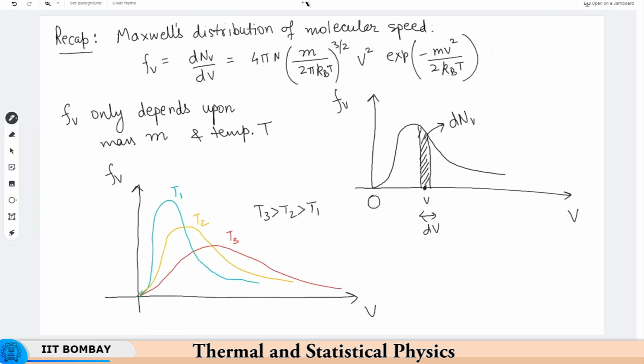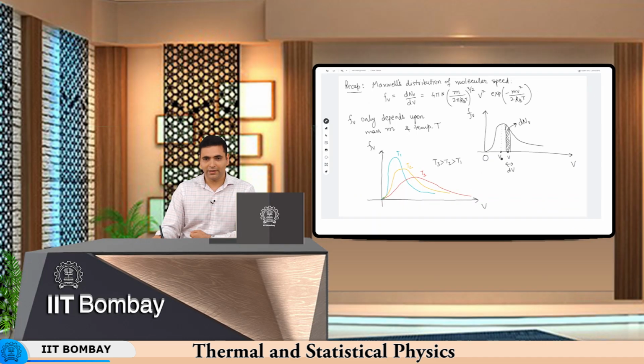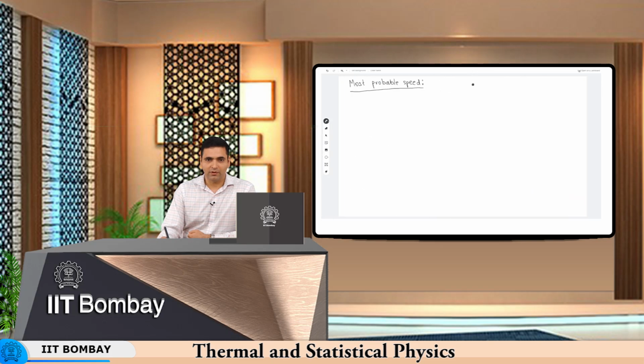As the name suggests, from the distribution there is a speed for which the maximum number of molecules are moving with that speed, where the distribution achieves a maximum value. We can call this the most probable speed, maybe V_p. As you can see, this is nothing but the maximum of the distribution.